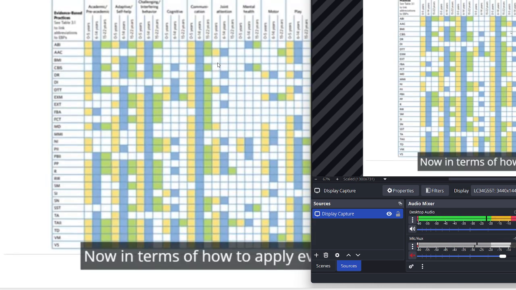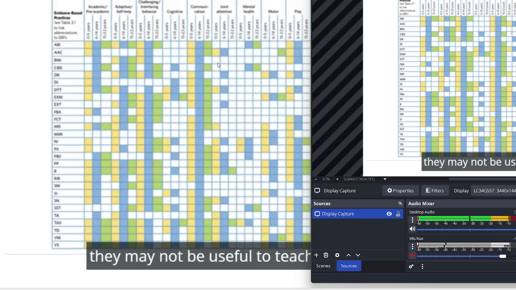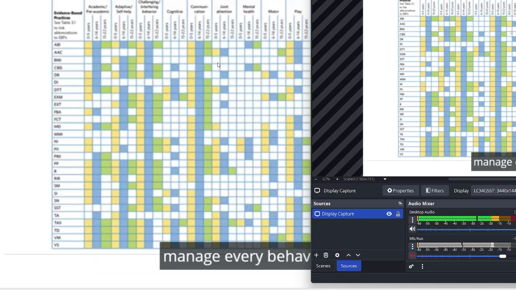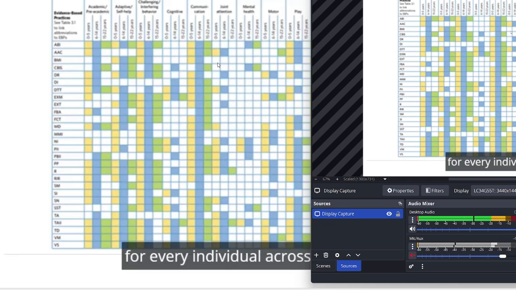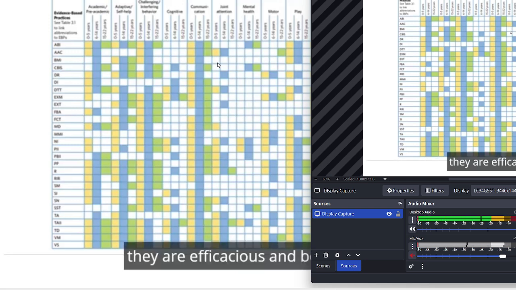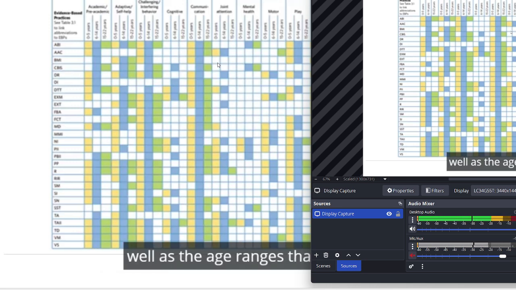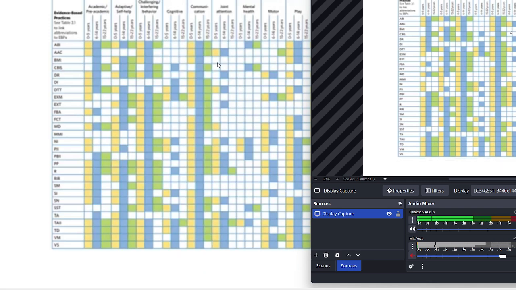Now, in terms of how to apply evidence-based practices, they may not be useful to teach every skill or manage every behavior for every individual across the age. How they are efficacious and best used are going to be specific to skill domains as well as the age ranges that they're effective for.